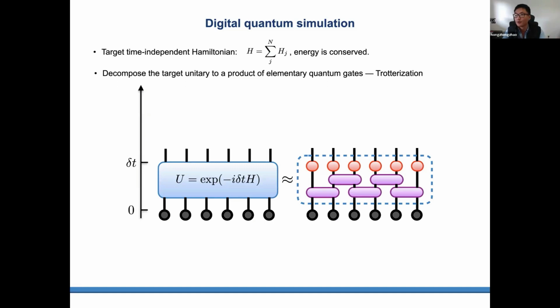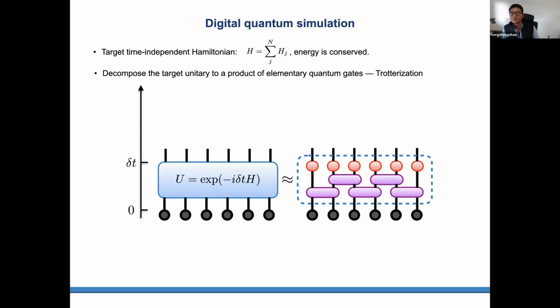So suppose you have a quantum computer. We do have a few noisy ones, but not as good as we wish. But still, we can imagine we have those, and the idea is basically to use gates to time evolve a quantum system.